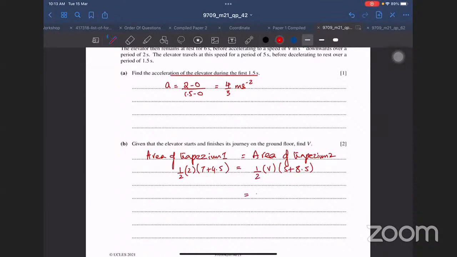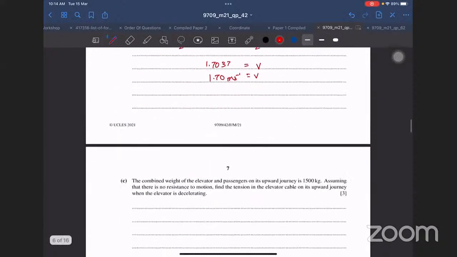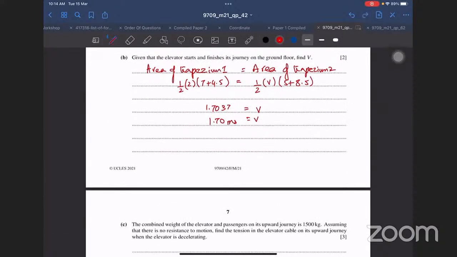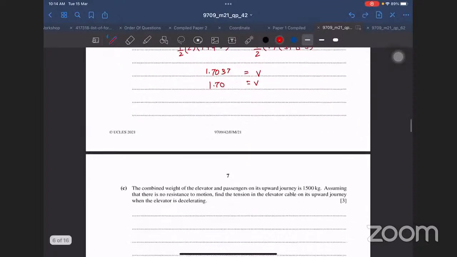Solving for V should give me 1.7037. Correct to three significant figures, it would be 1.70. It's the value of V, so I can ignore the units.